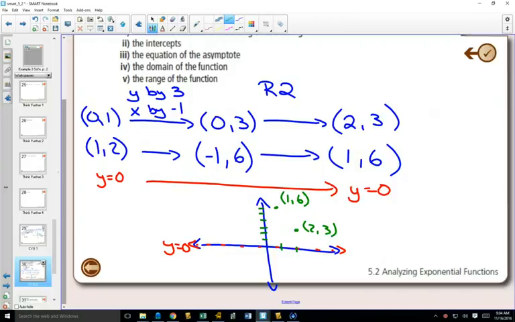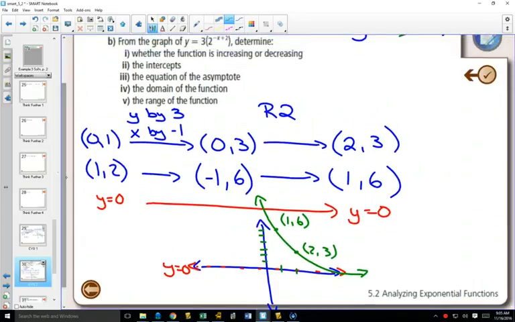And once you've got your 2 points, you can see that your graph is going to be decreasing. So now we have our new graph.